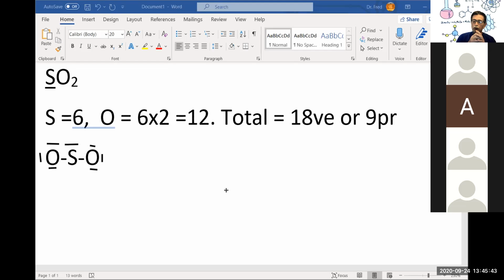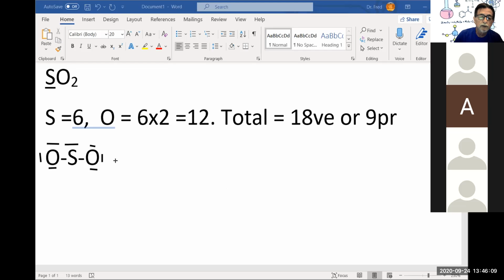Remember when we talked about making double bonds or triple bonds until everybody is happy with respect to the octet. In this case, you can take a pair from the oxygen and make a double bond.